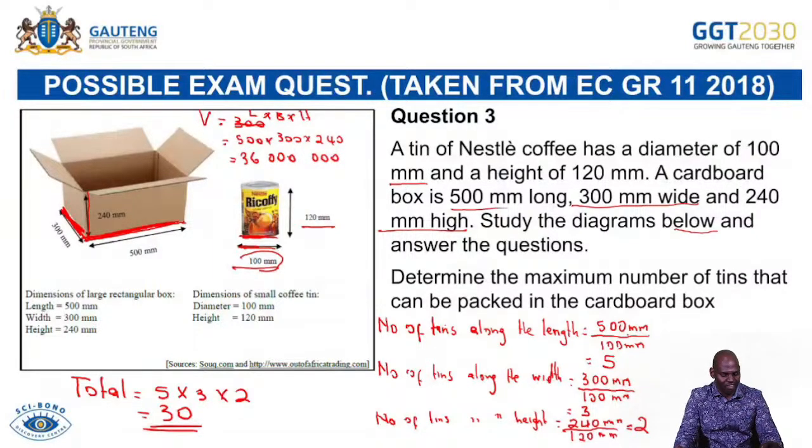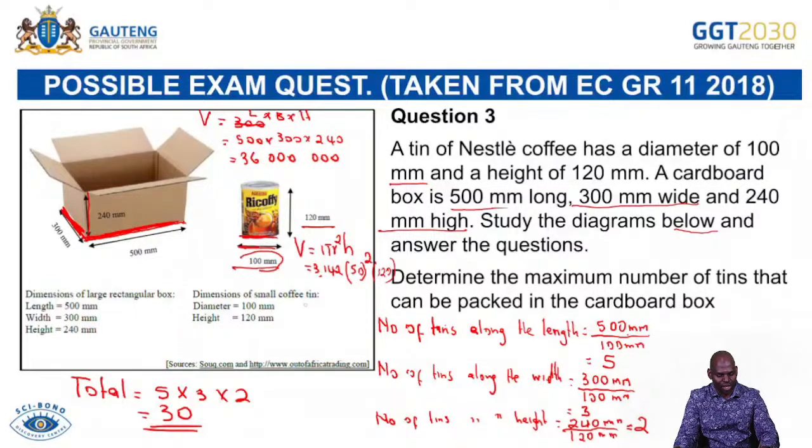Then if I calculate the volume of the tin, we know the formula for a cylinder is V equals pi r squared h. So it's 3,142, and my radius in this case will be 100 divided by 2, so that will be 50. 50 squared, and then the height is 120.